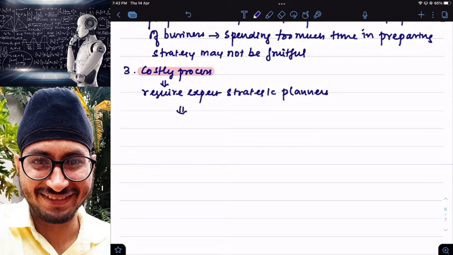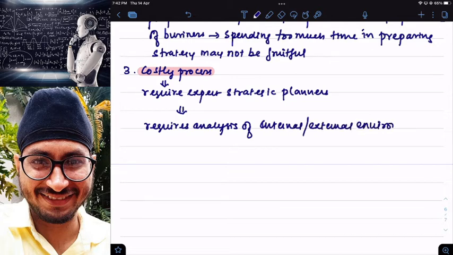Then it requires analysis of internal and external environment, means analyzing the data, analyzing the internal environment, analyzing the external environment, then appointing the expert strategic planners. That is why, because of all these reasons, strategic management is very costly.